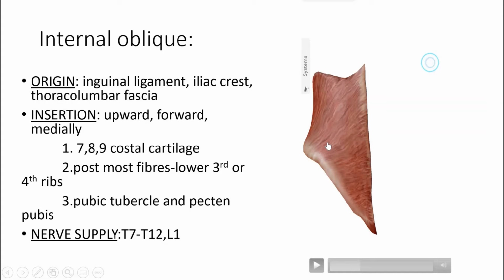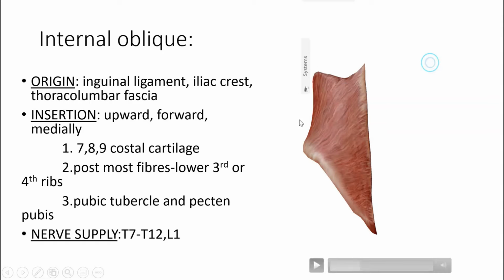The posterior most fibers ascend vertically upward over here. So they are inserted by fleshy fibers into the lower border of the lower 3rd or 4th ribs. The anterior most fibers run medially. Most of the fibers get inserted into the 7th, 8th, 9th costal cartilage.